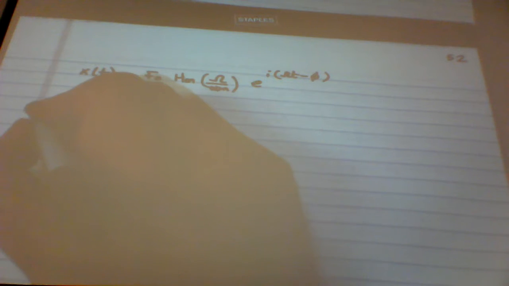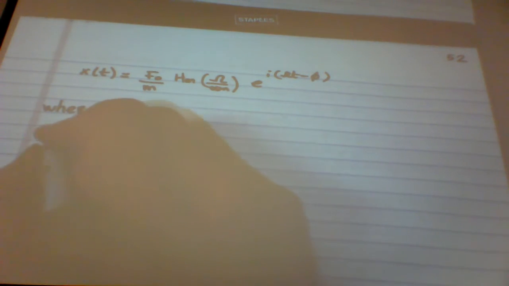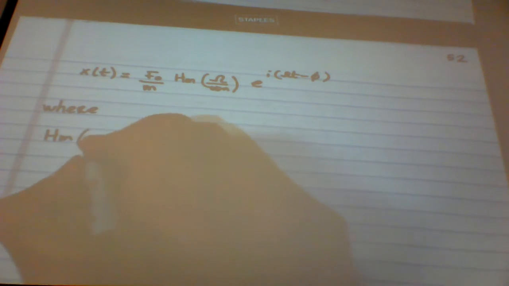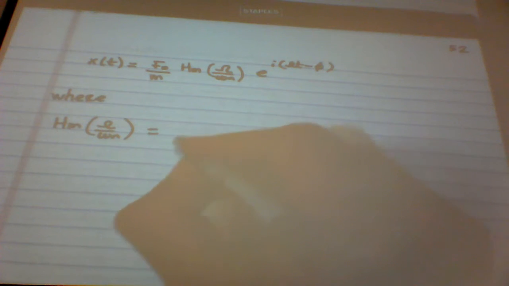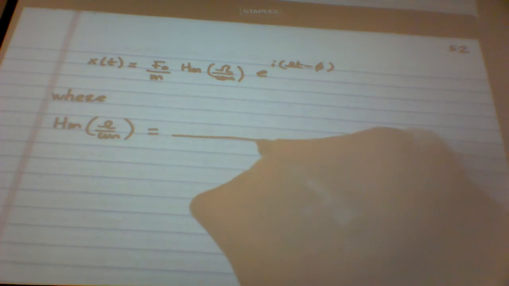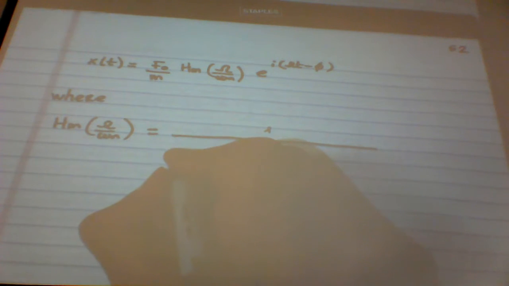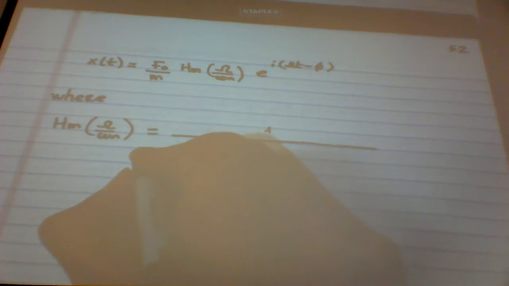Okay, and if you want, let's do it once more. What was this equal to? 1 over omega n squared, times the omega n squared outside, no?